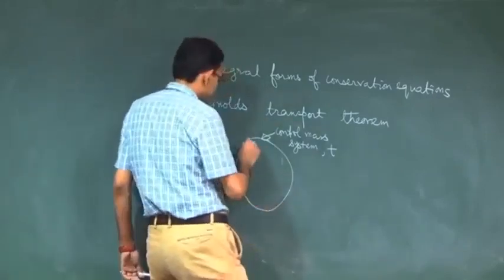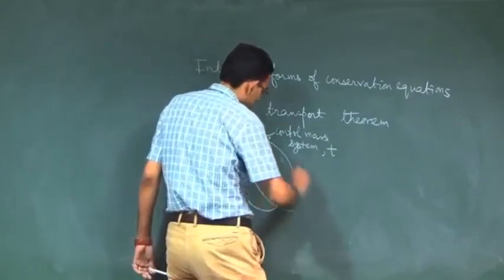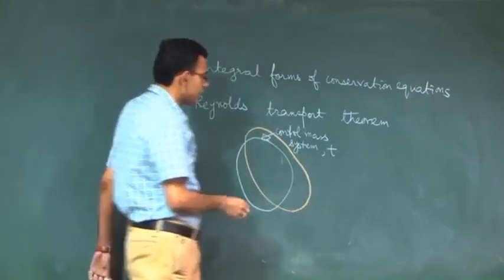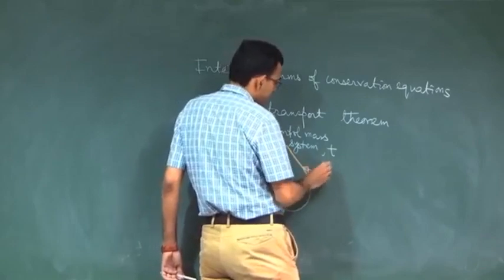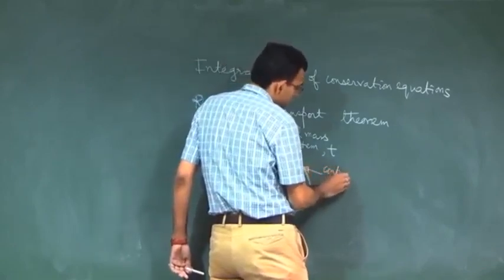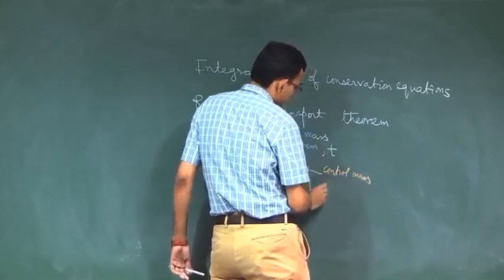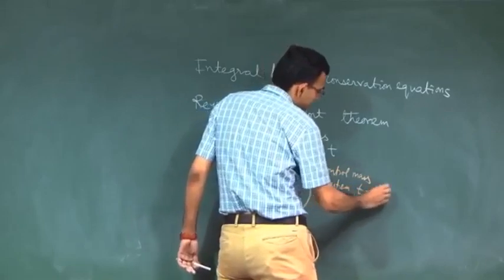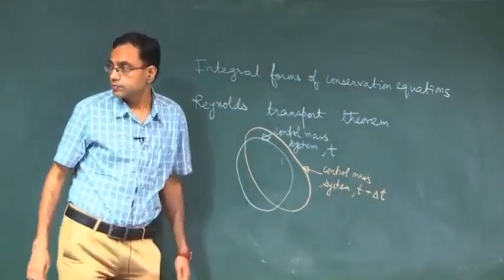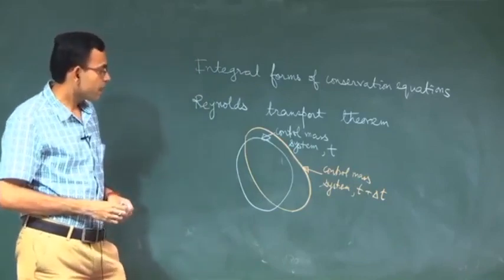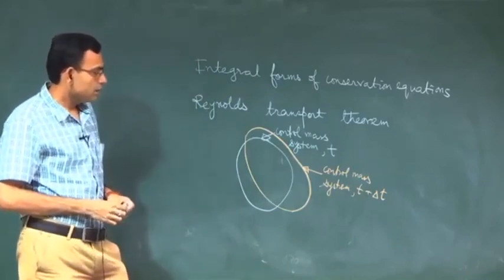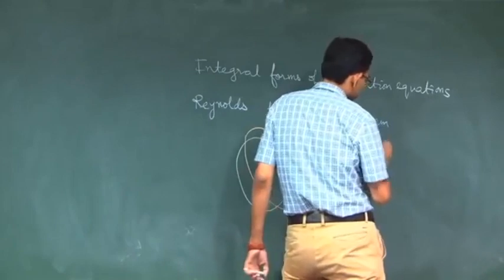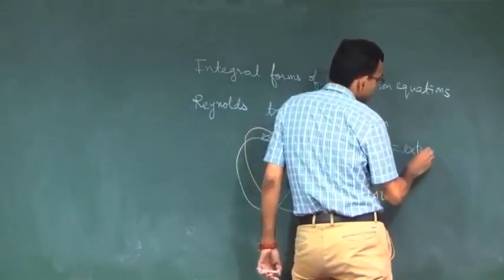And let us say that this is the configuration of the control mass system at time t plus delta t. Let us say that capital N is an extensive property.